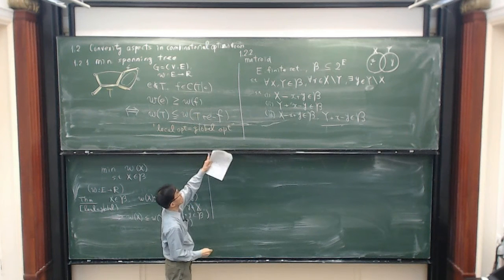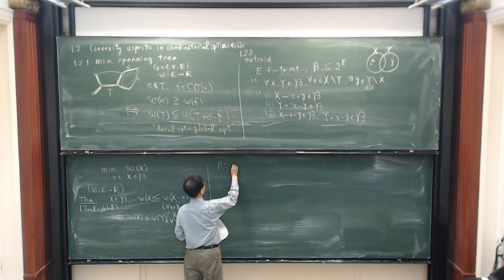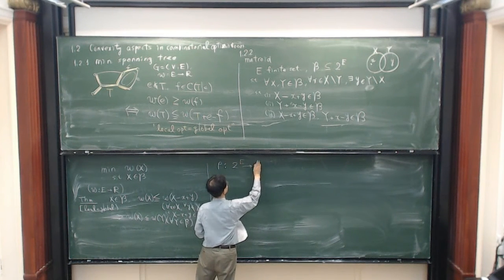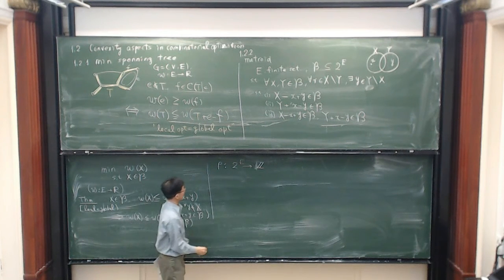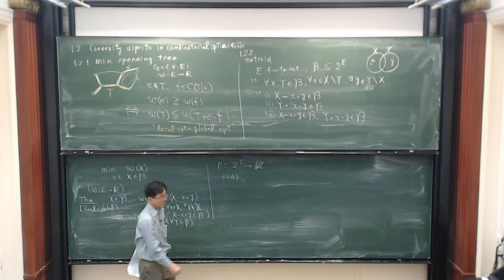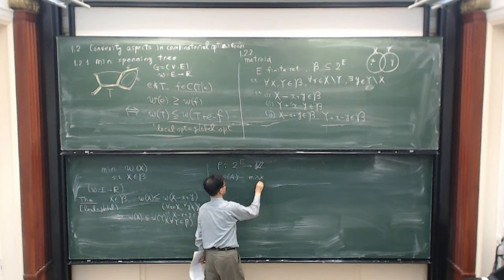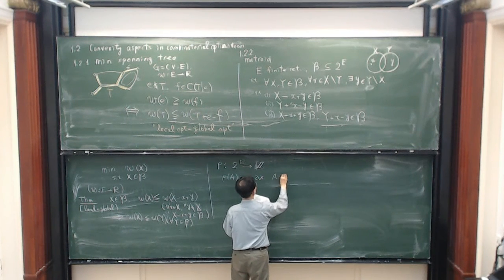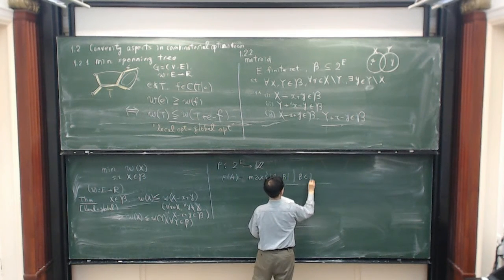So if we have B, we are going to define a function on sets according to the following formula. Rho of A, for A a subset of E, is defined to be the maximum size of the intersection with a base.